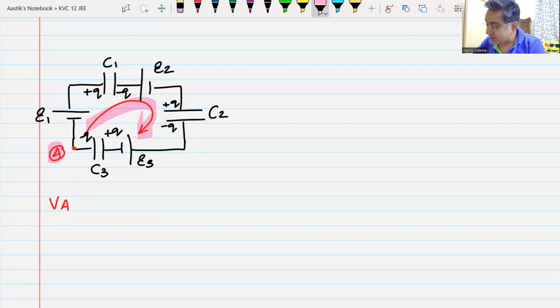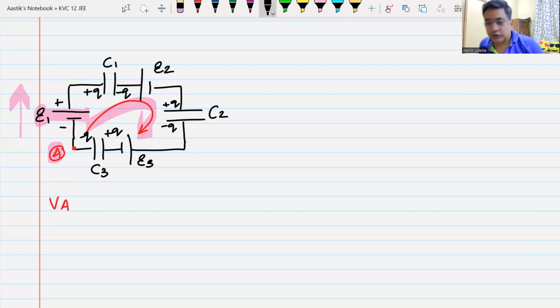Now the first element that I'm going to encounter is this battery, and see how I'm moving in the loop. I'm moving anti-clockwise. So I will encounter this battery and I will go like this across the battery because I've written my direction of loop. I will move from the negative terminal to the positive terminal. Yes or no?